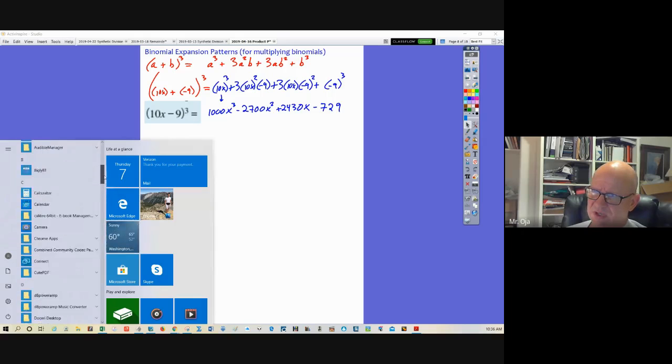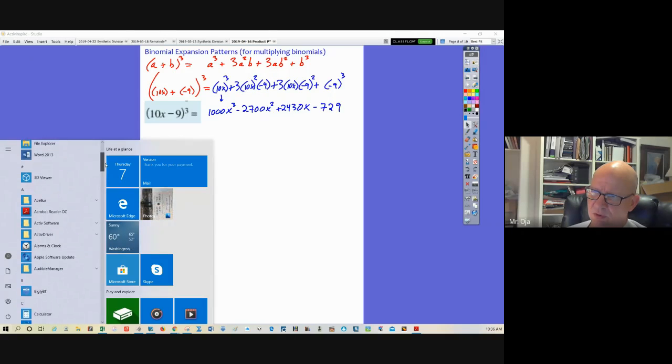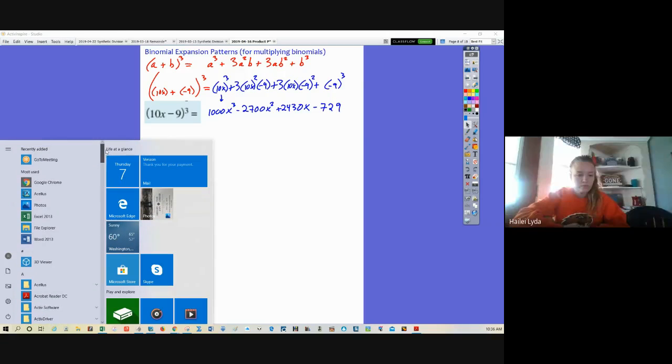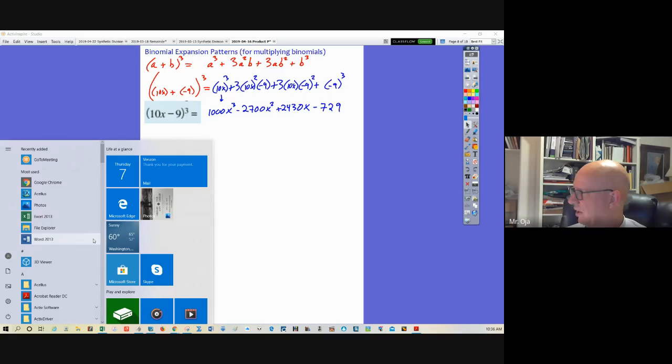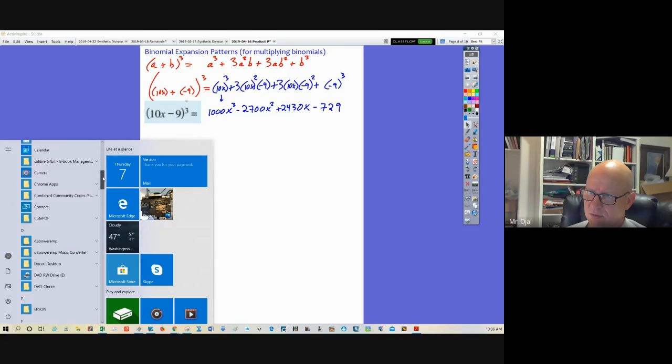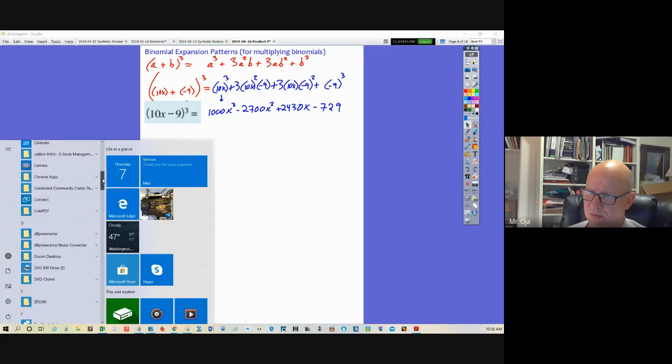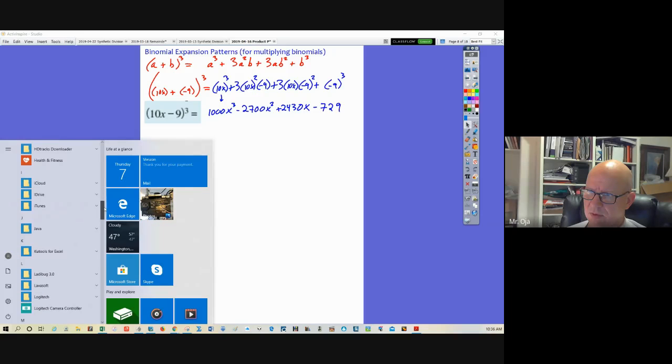Okay, so there's two ways I can do this. I'm just going to get a calculator and use the document camera to show you how to do it. Oh man, I wish I had that thing. That's a bummer. I think I wasn't able to install it at home.